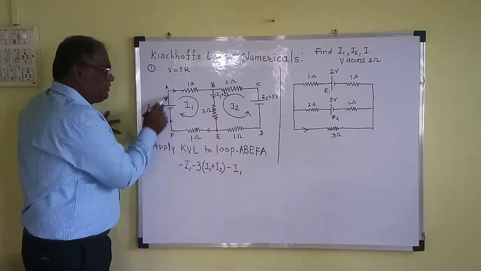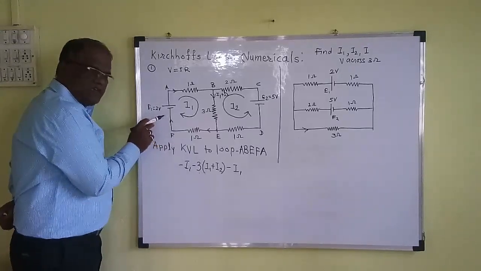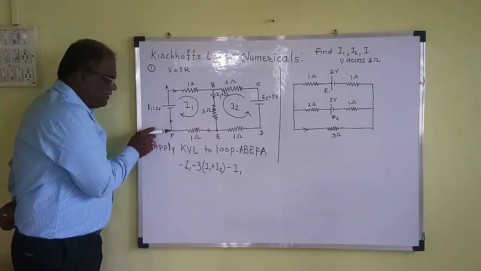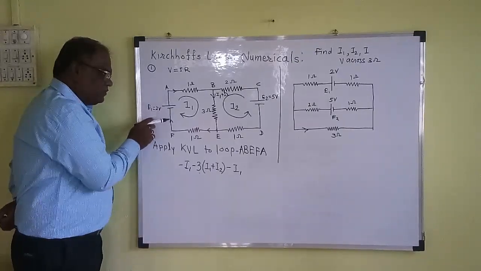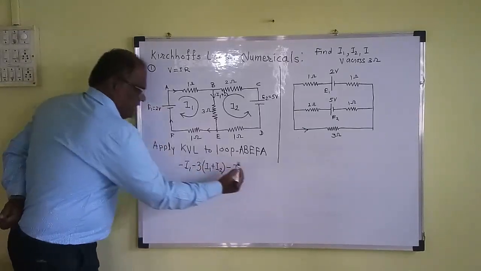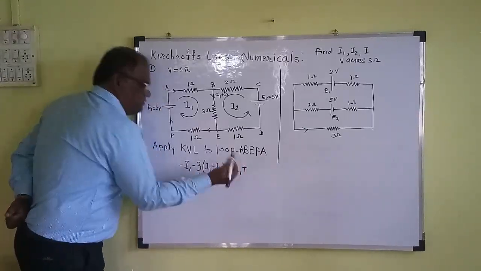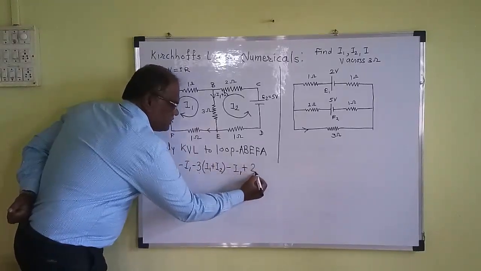Now from F to A, see here we are moving from negative terminal to positive terminal. We know that a potential rise is a positive change. Hence I can write plus E1. What is the value of E1? 2, is equal to 0.